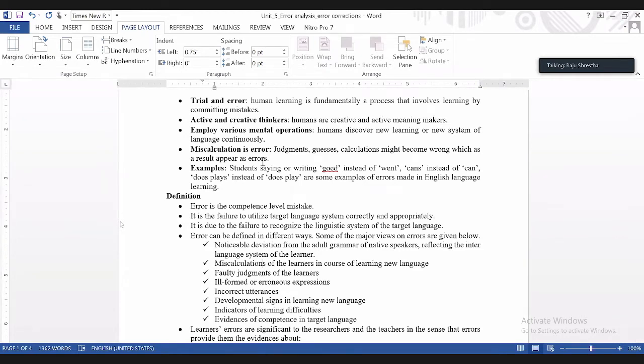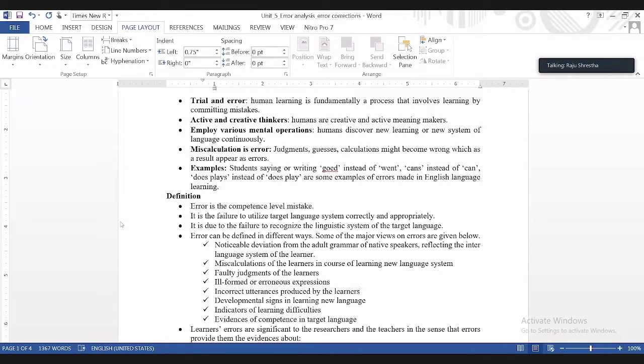एरर भनेको के हो भने this is the miscalculation of the learners in course of learning a new language system. This is error. Faulty judgments of the learners is error. Ill-formed or erroneous expression is called error. Incorrect utterances produced by the learners, this is errors.